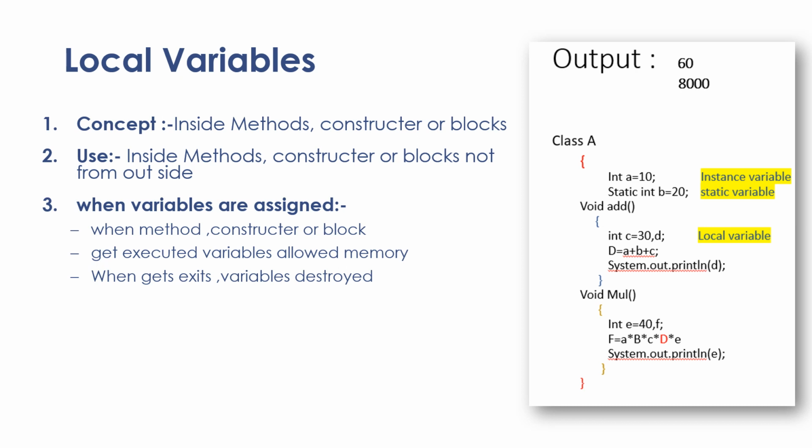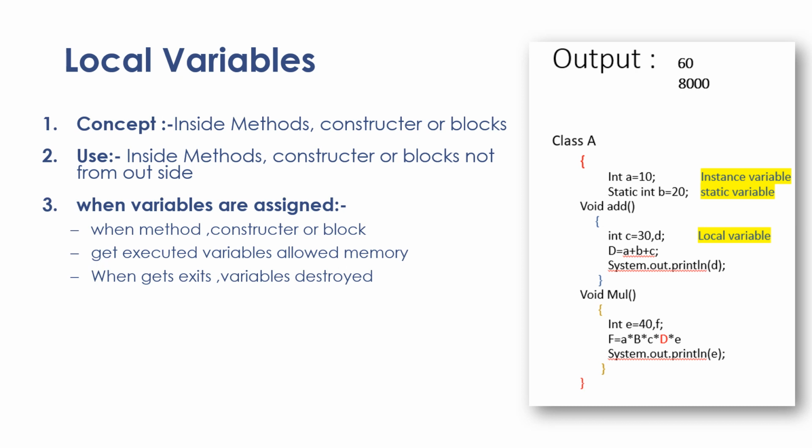When variables are assigned, when a method, constructor or block is there, we can assign any variable. When executed, variables are allocated memory. If any method, constructor or block is there, we need to execute some variables, as I said, they will be used there.